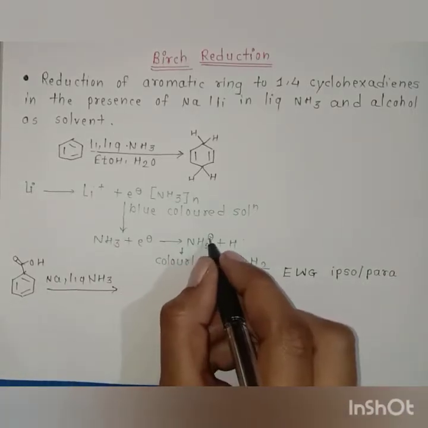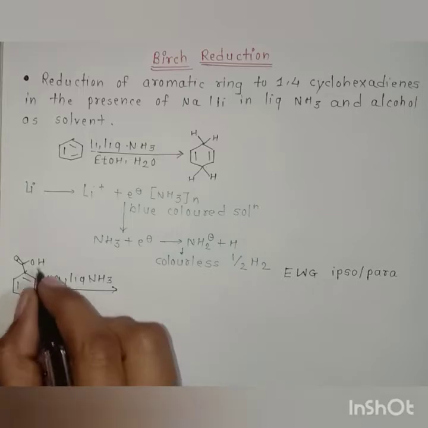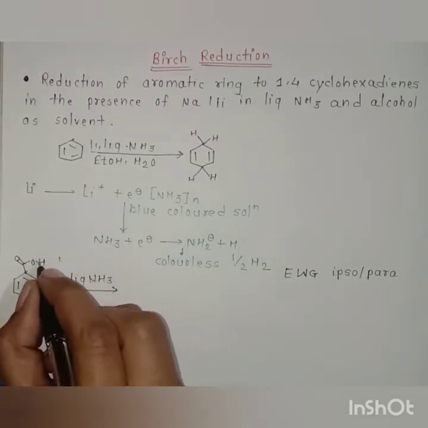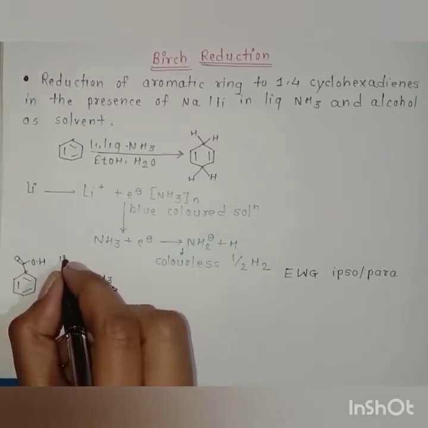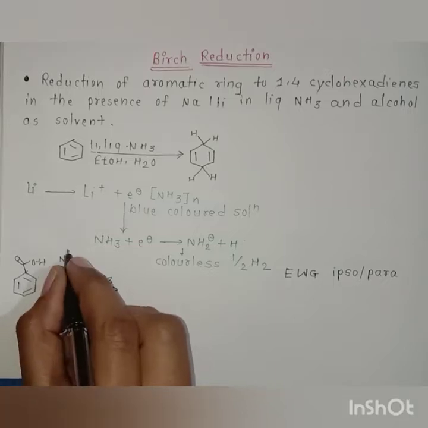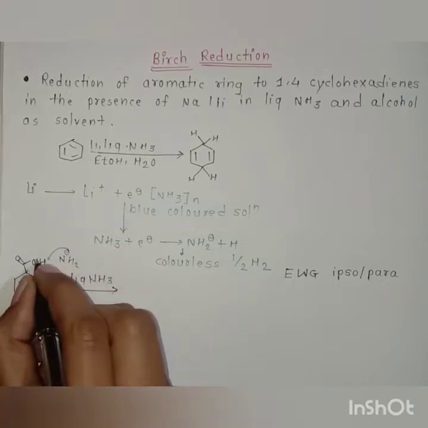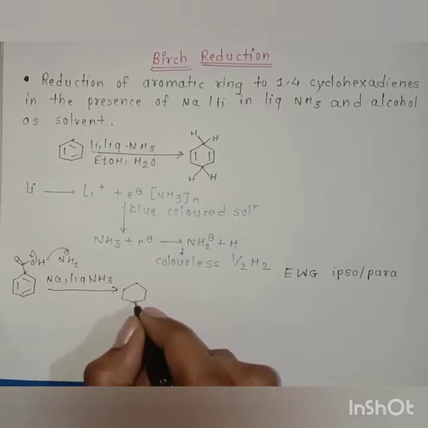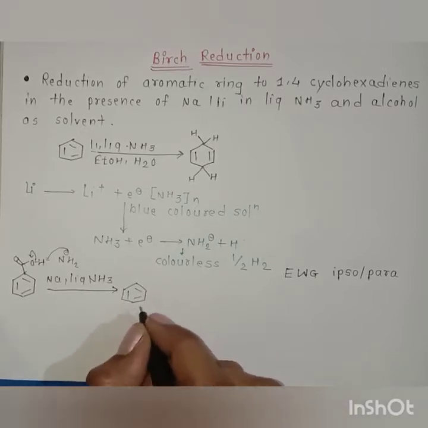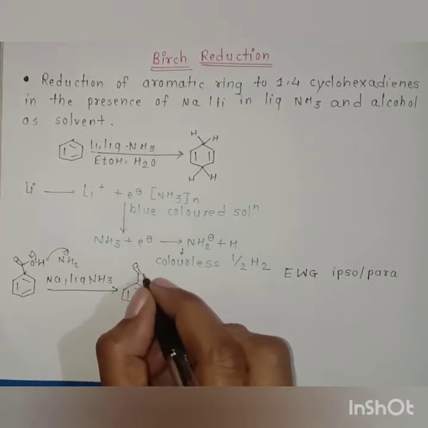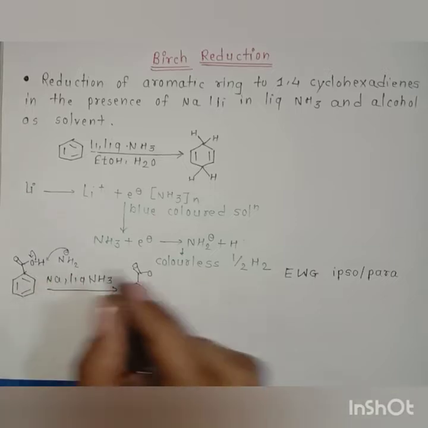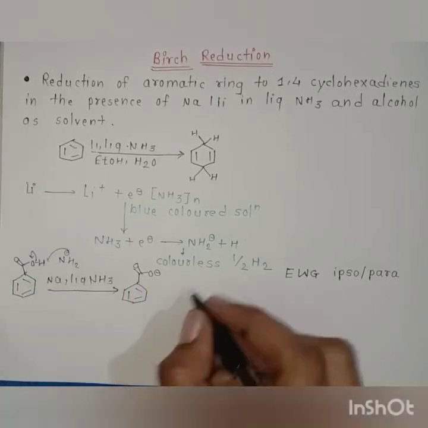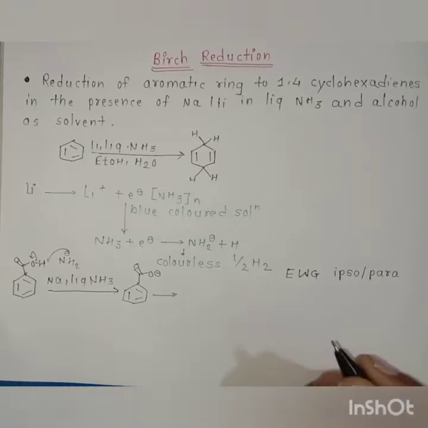And firstly, this NH2 minus is basic in nature and it abstracts the proton from here and we get this. This proton is acidic in nature due to the heteroatom, that is the oxygen.